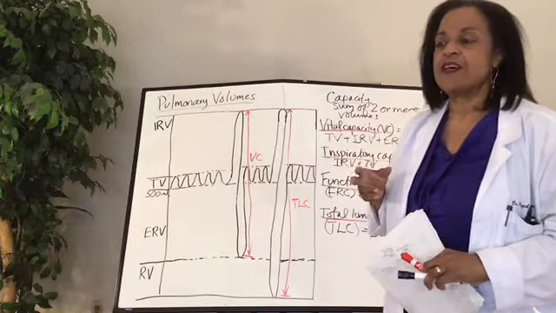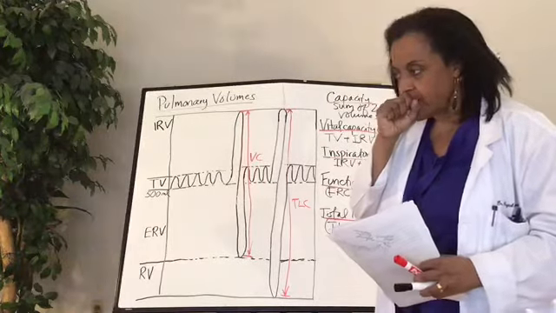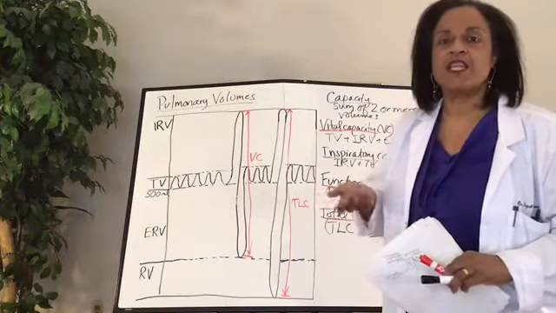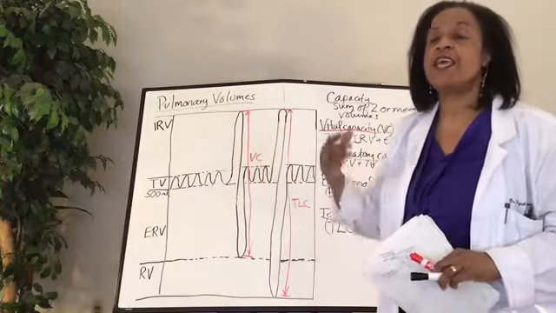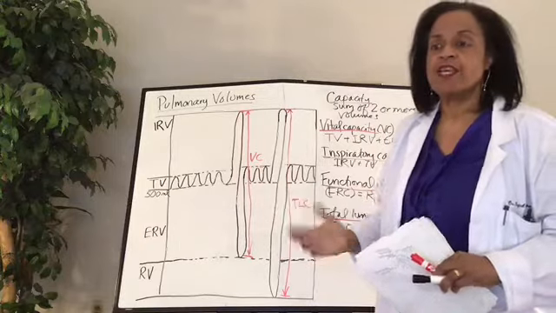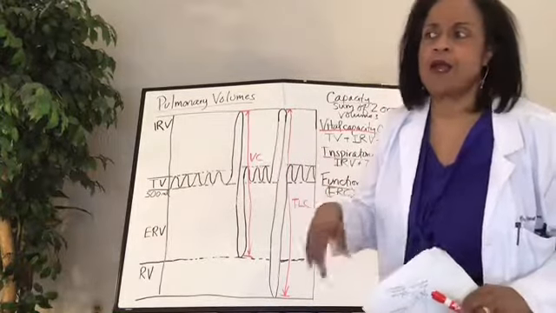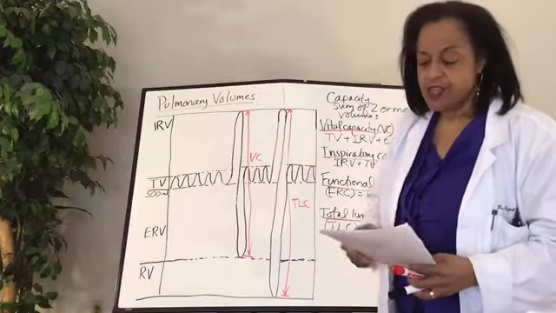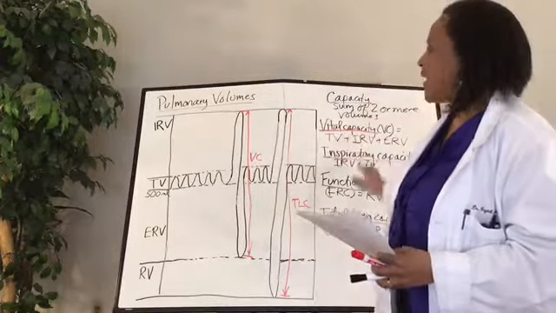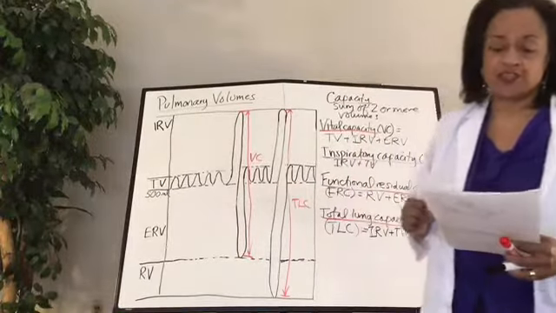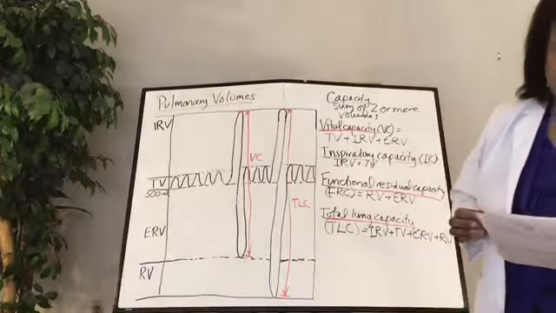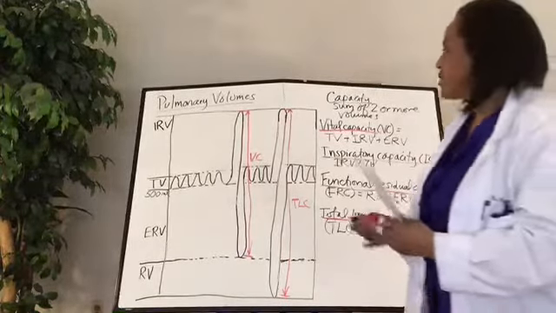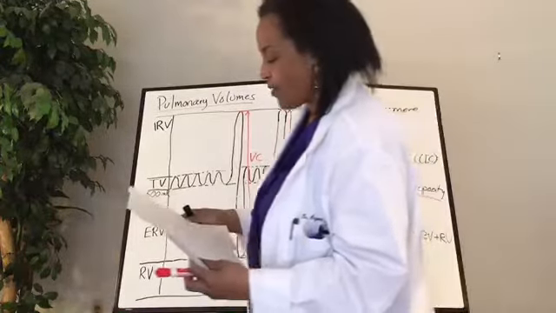The reason is they don't want you to get atelectasis, meaning fluid in your lungs, which can then proceed and cause a pneumonia. So they want you sitting up, walking around, breathing deeply so that you don't get atelectasis. These volumes and capacities can be measured directly with spirometry because the pulmonary volumes are blown into the spirometer.